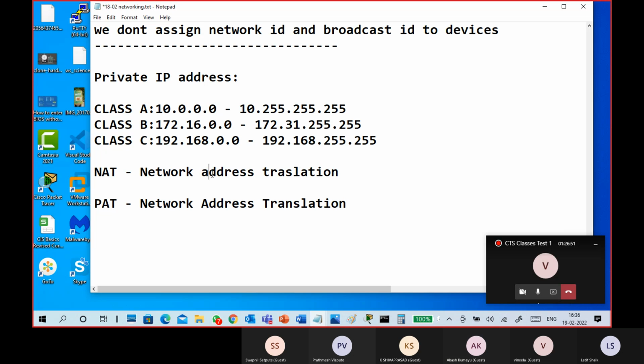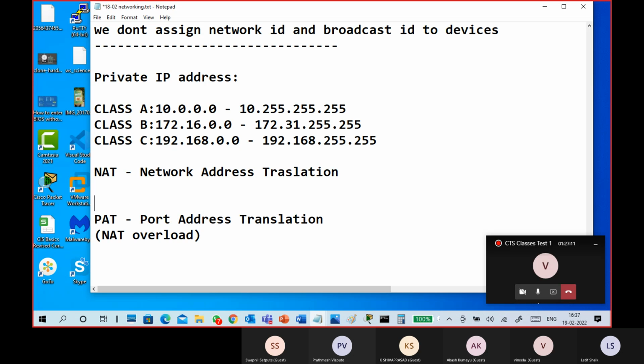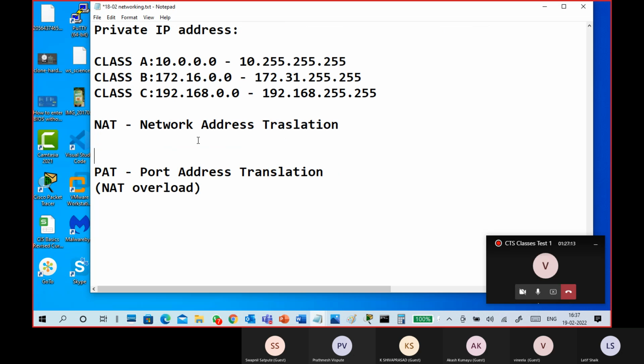Network address translation, port address translation. PAT is also called NAT overload. NAT overload, network address translation, port address translation.